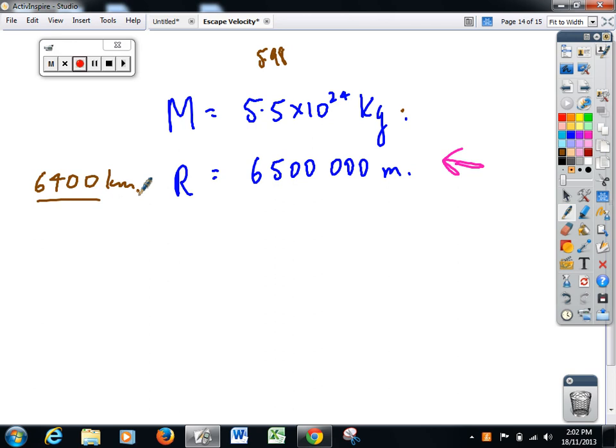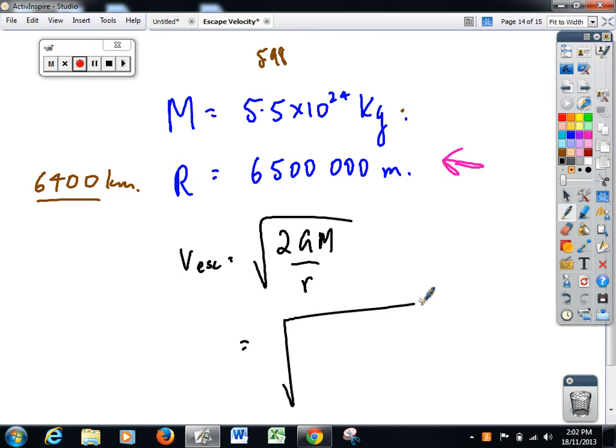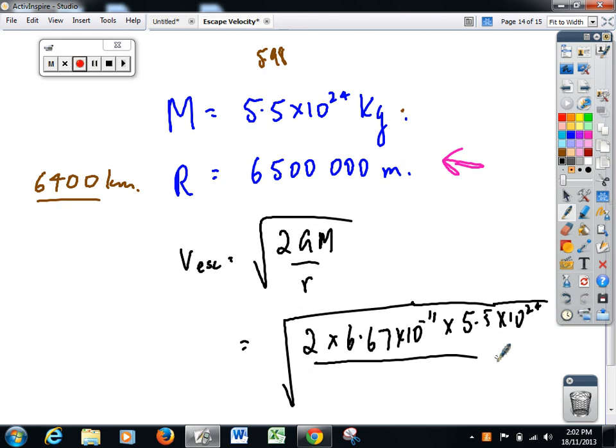Okay, so let's work out my escape velocity. V escape would equal the square root of 2GM on r, which is 2 times 6.67 by 10 to the minus 11 times the mass, which is 5.5 by 10 to the power 24, all over the radius, which is 6,500,000.